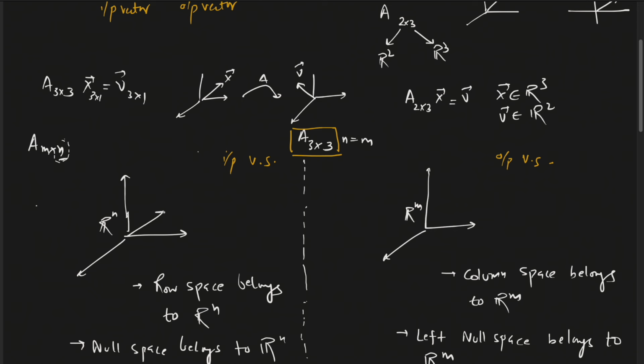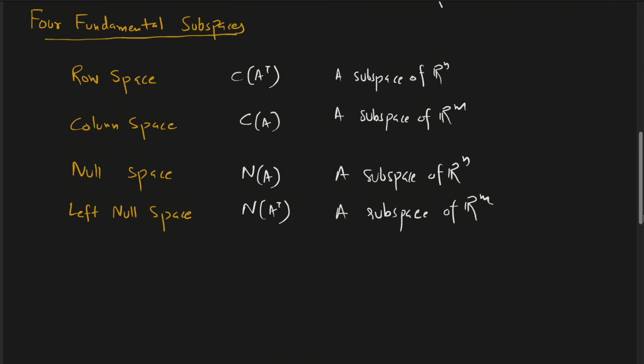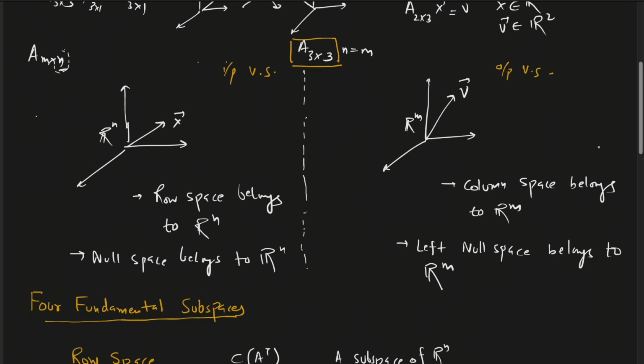Whereas the column space and left null space belong to the output vector space where the output vector V belongs. In a nutshell, matrix A is moving vectors from the input vector space to the output vector space, and these two vector spaces have these subspaces: the row space, the null space, the column space, and the left null space.